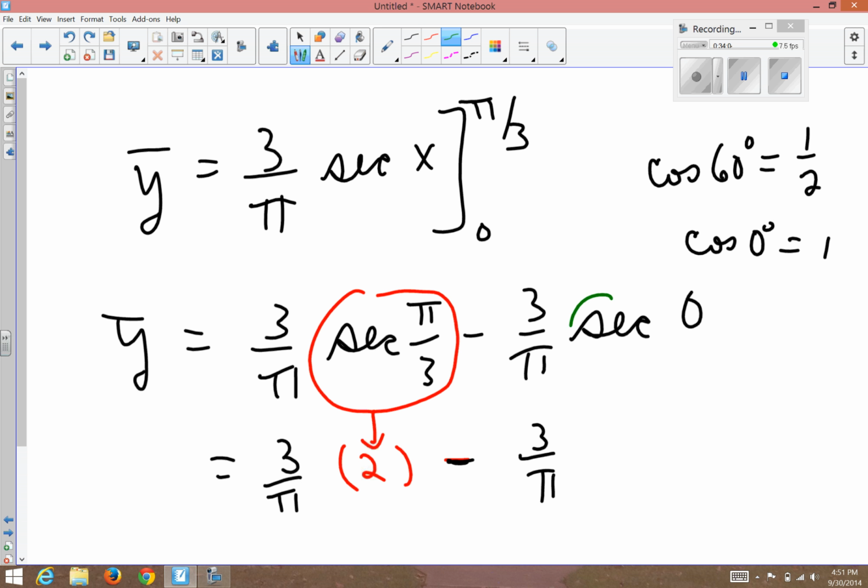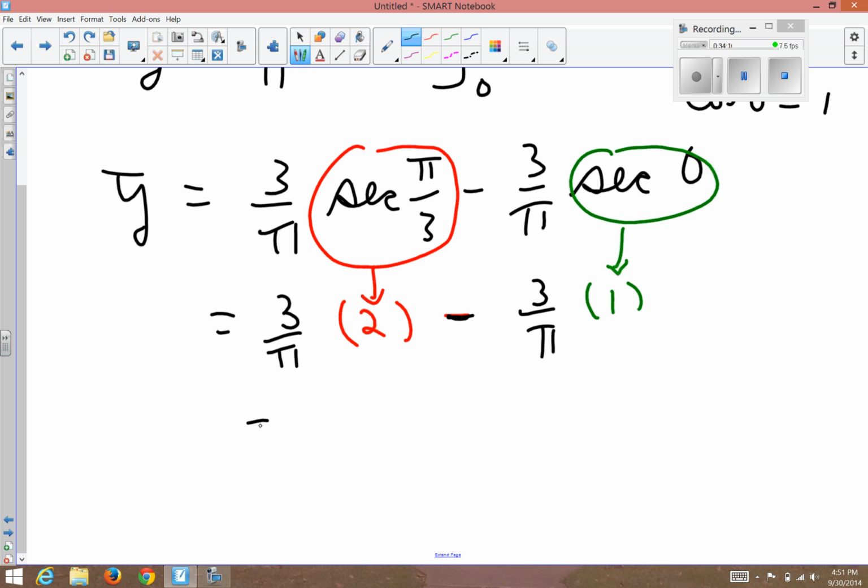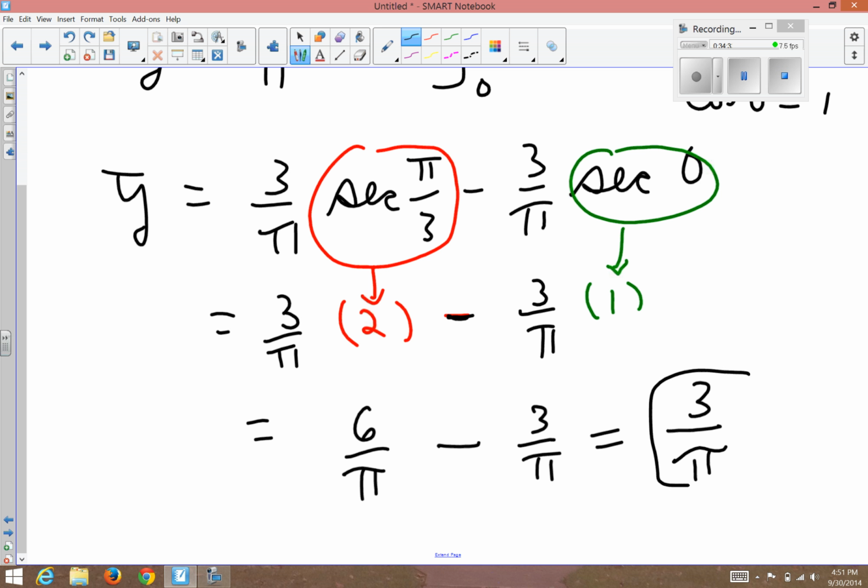That makes the secant of 0 the reciprocal of cosine. The reciprocal of 1 is 1. Three over pi times 2 is 6 over pi, minus 3 over pi times 1 is 3 over pi. This fraction minus this fraction, just subtract the numerators, keep the denominator, and this is the final answer. That's called the average value of the function on the given interval.